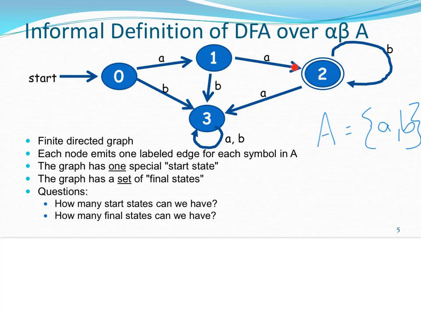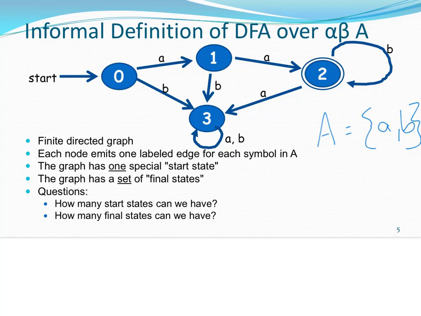State 1, A transition out, B transition out. State 2, A out, B out. Now notice that it can come back to where it started. That's fine, but it's got a transition that leaves. And state 3 has both an A and a B out. They happen to end up at the same place.